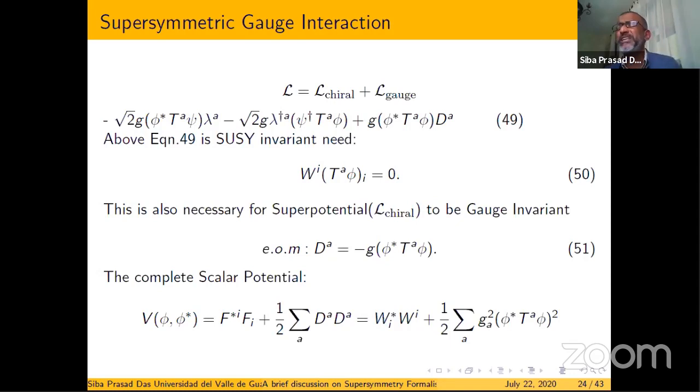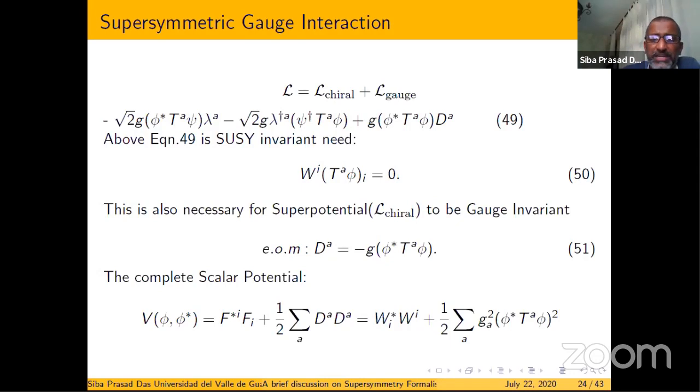Here supersymmetry invariant means that the whole Lagrangian is invariant under the supersymmetry transformation with all the component fields. This only happens if Wi and Ta phi i, where Ta is, remember, the corresponding generator of the gauge group, and Wi I got from the first derivative of the scalar potential with respect to phi i, and phi is the scalar field. So this only happens if this condition is met. This is a very, very important criterion.